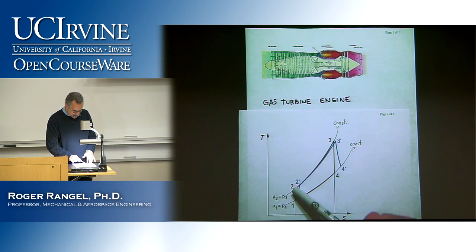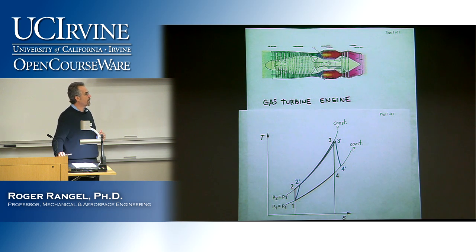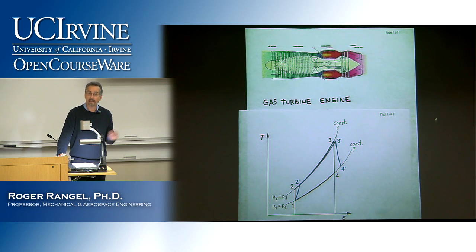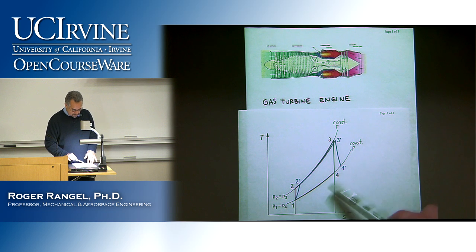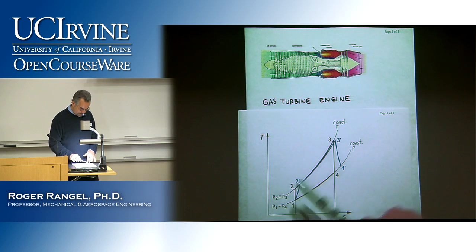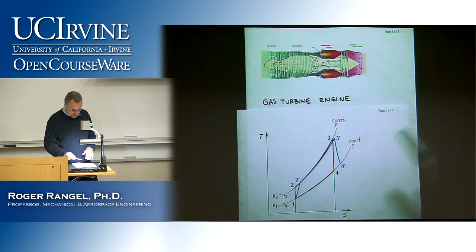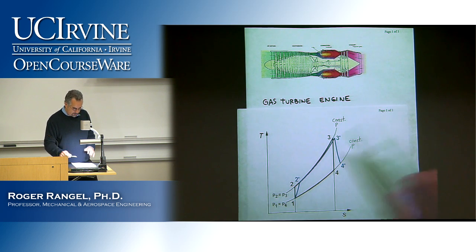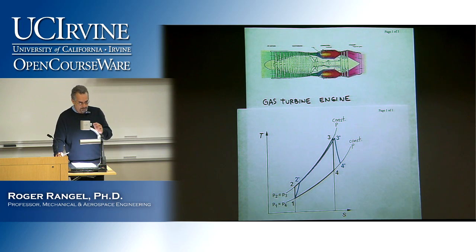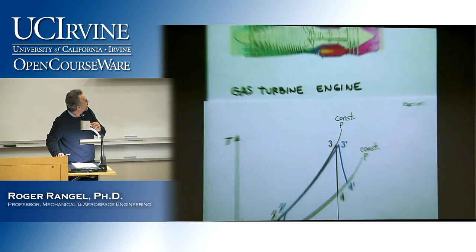You can see how that happens at nearly constant pressure. In fact, for the black cycle, it is a constant pressure because we're following exactly that constant pressure line. For the real one, you can see there is a little bit of a decrease from 2 prime to 3 prime. We're not exactly following that pressure line, but we're dropping off a little bit.